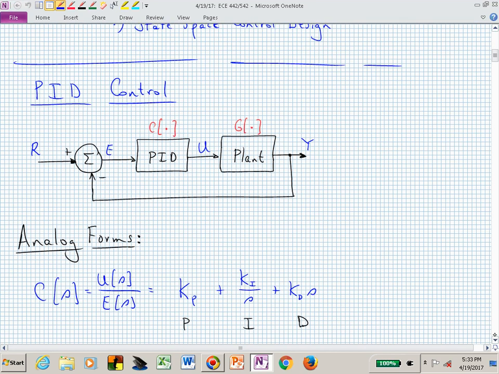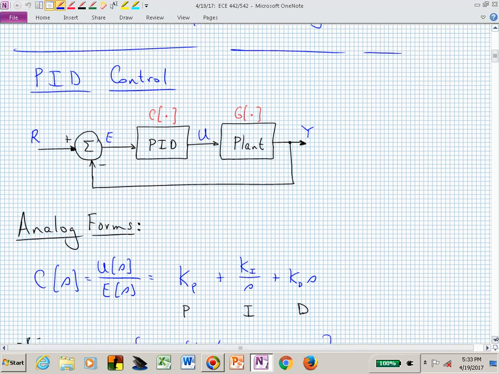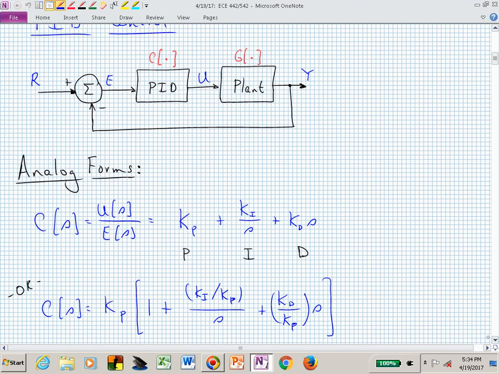Here's the structure that we're working with now. It hasn't changed. We have our plant, and in the forward path we have our controller, which in this case is a PID controller. Let's look at what that means if it's an analog PID controller. Here's where it maybe has more intuitive appeal.